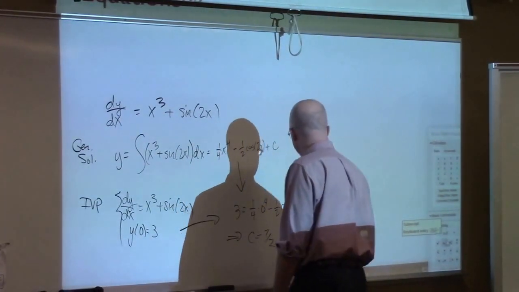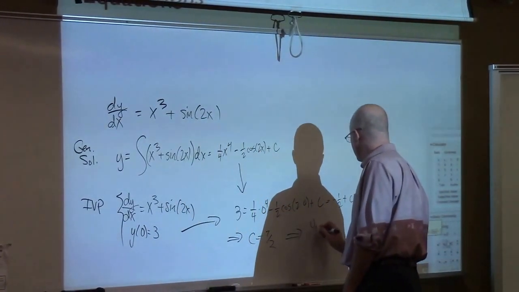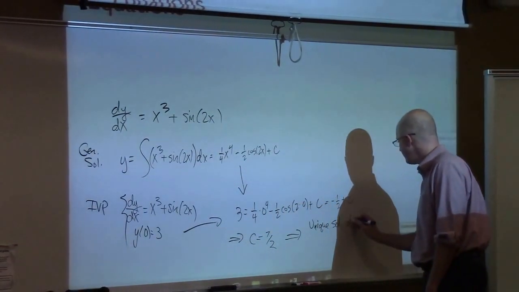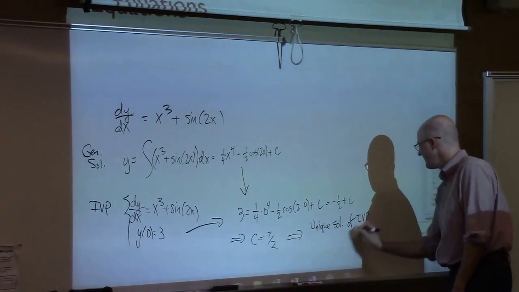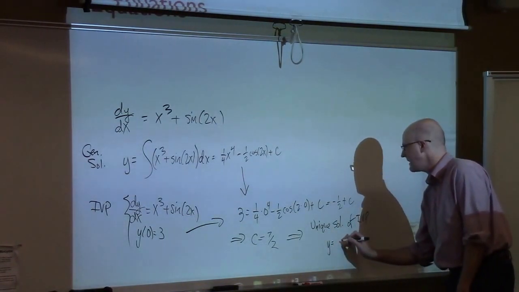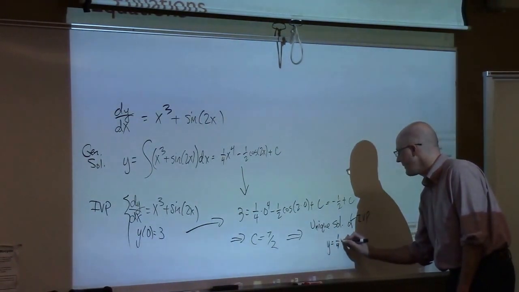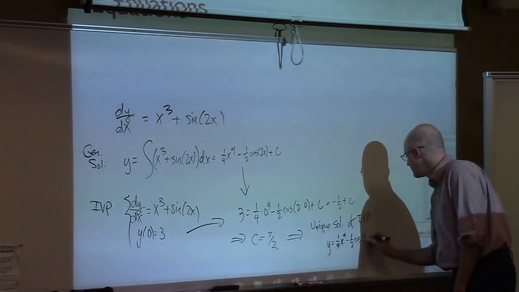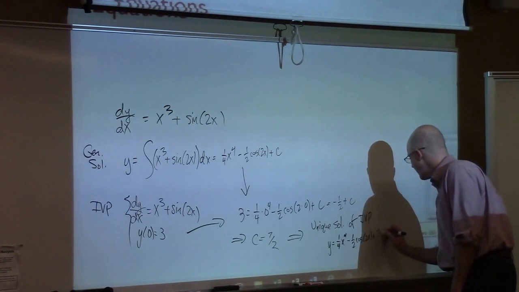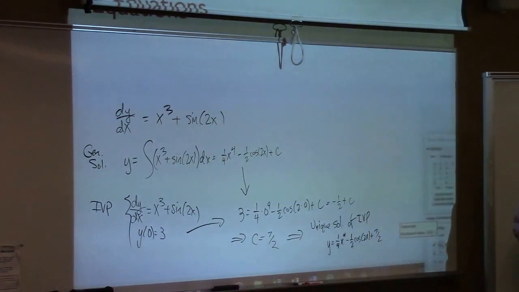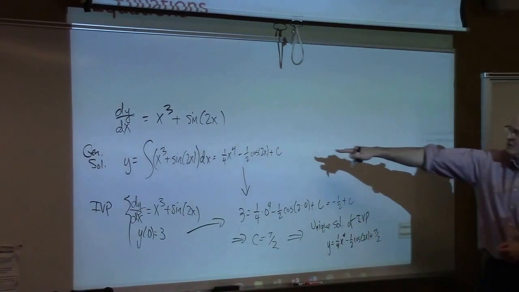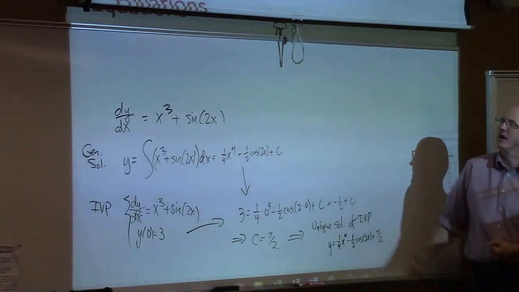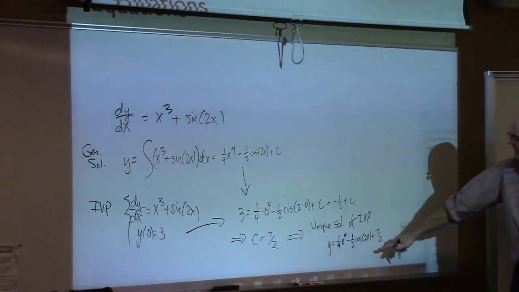C is 7/2. And your unique solution of the initial value problem is the one function, y equals 1/4 x to the 4th minus 1/2 cos 2x plus 7/2. So the general solution really involves infinitely many functions that all solve the differential equation.